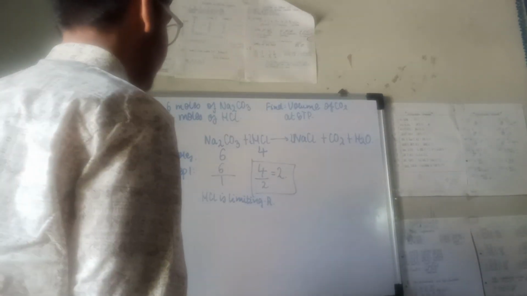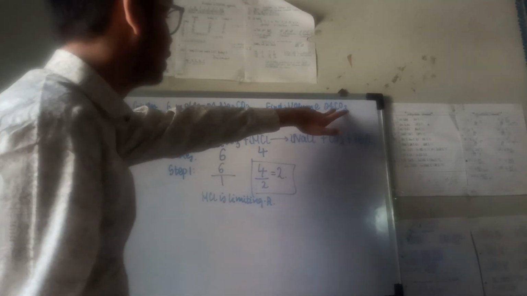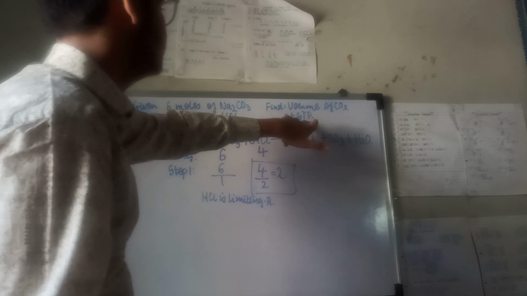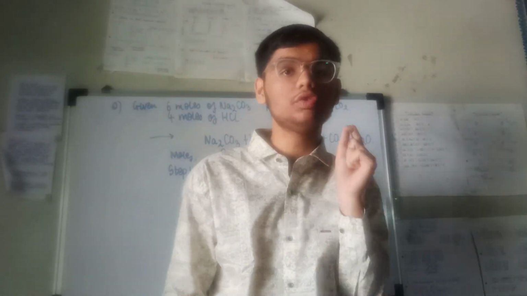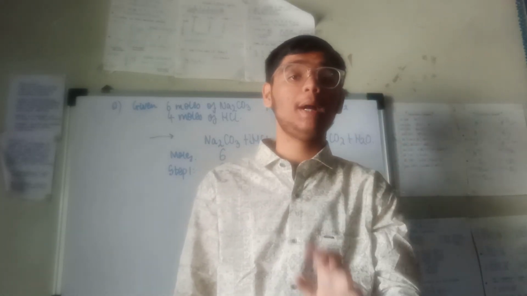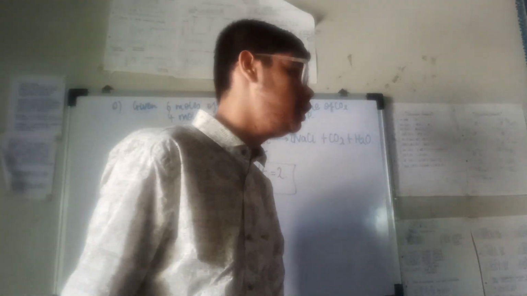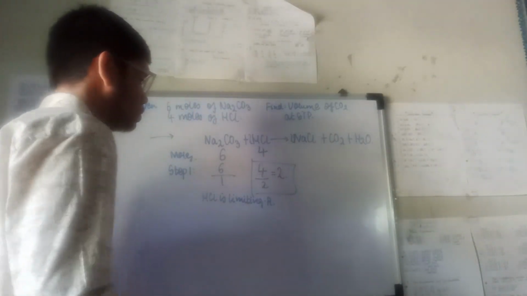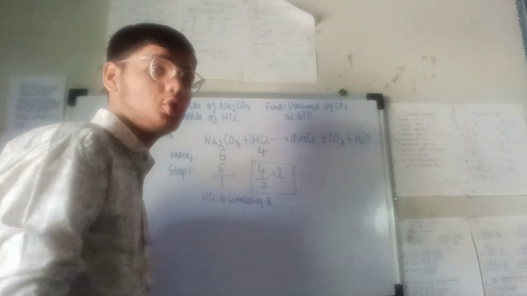Now we have to find the volume of carbon dioxide at STP. I will use the formula: moles of carbon dioxide is equal to volume given by molar volume. Molar volume here will be 22.4 liters. Now how to find the moles of carbon dioxide?